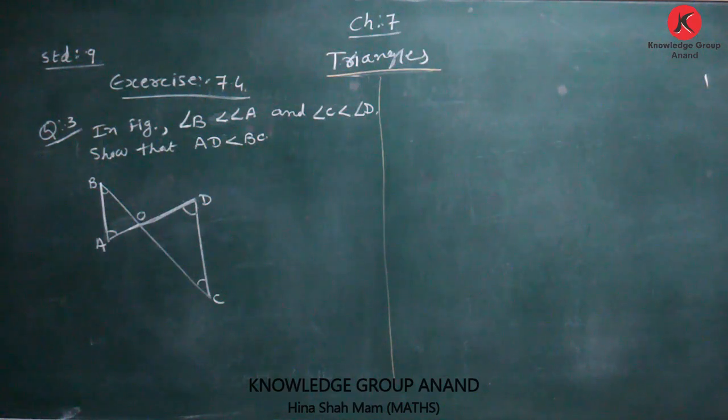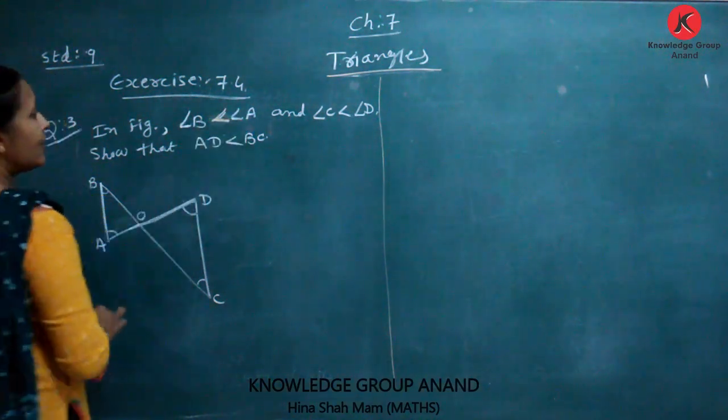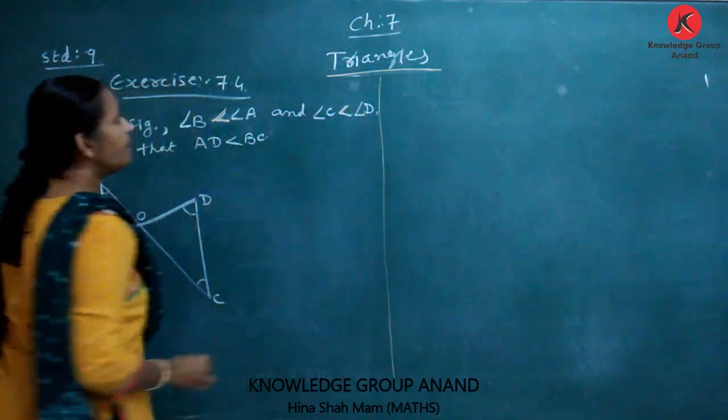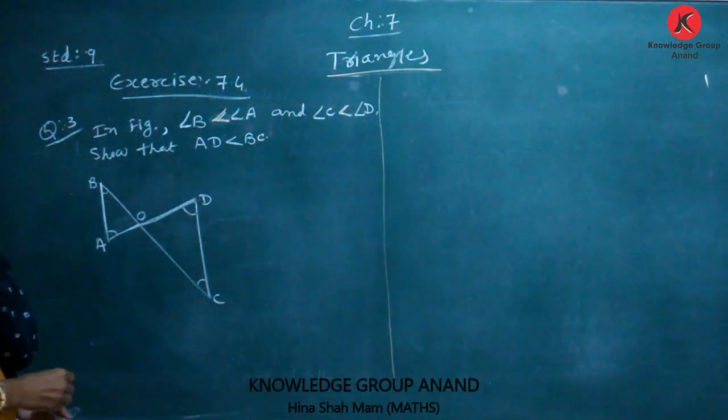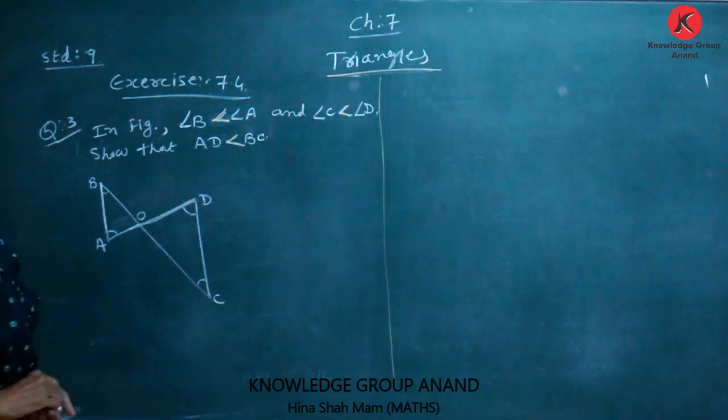Now, question number 3. In the figure, angle B is less than angle A, and angle C is less than angle D. Show that AD is less than BC.